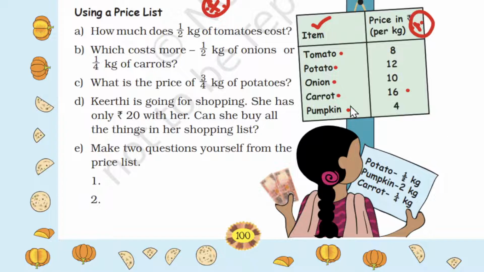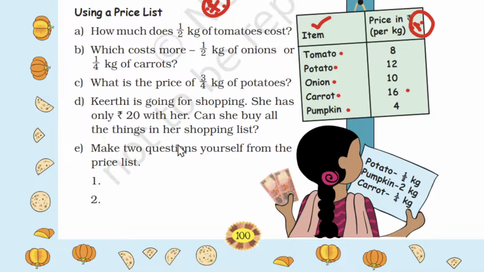First question: how much does half kg of tomato cost? So let's see how much the half kg of tomato costs. Okay, so 1 kg of tomato is rupees 8.